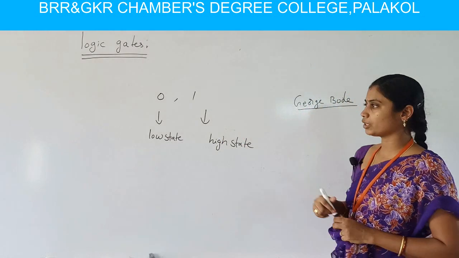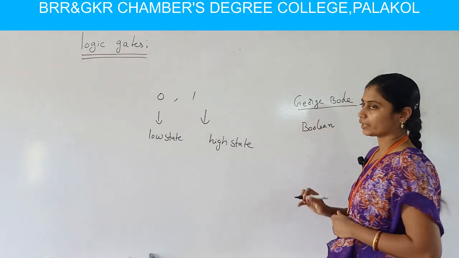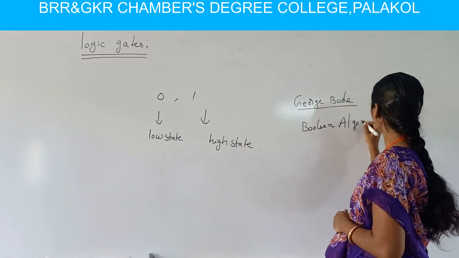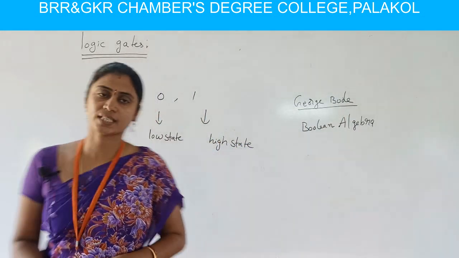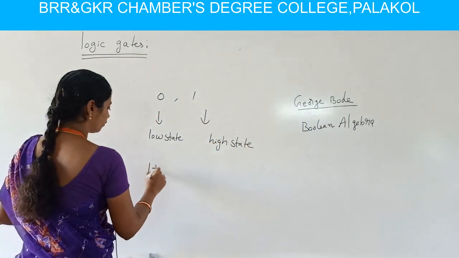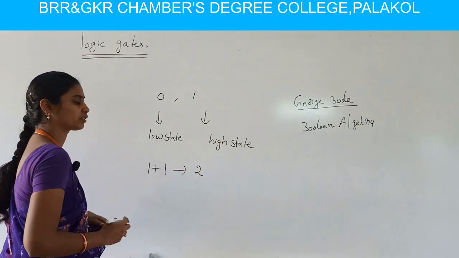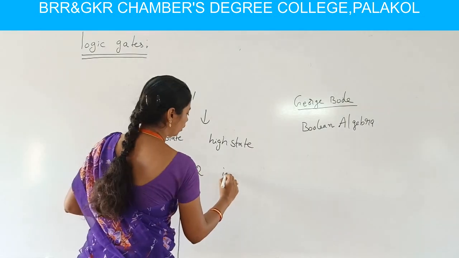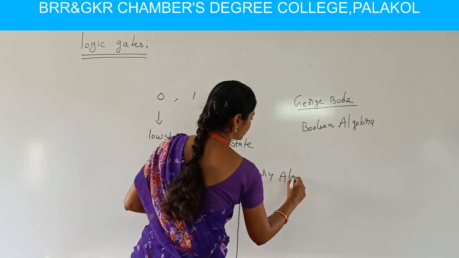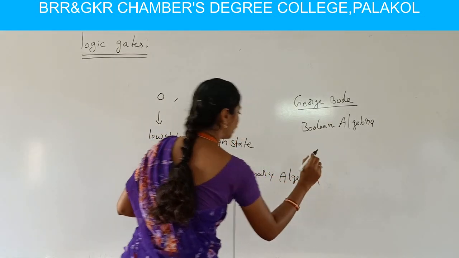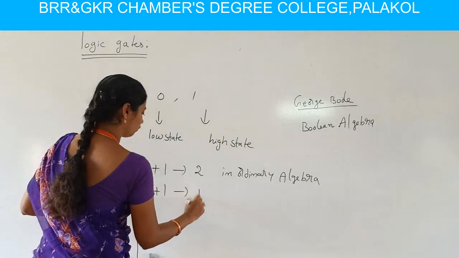This Boolean algebra is entirely different from our ordinary algebra. In ordinary algebra, if we add two numbers, for example 1 plus 1, we have 2. The value of 1 plus 1 is 2 in ordinary algebra. But in Boolean algebra, if we add 1 plus 1, we have 1 only.